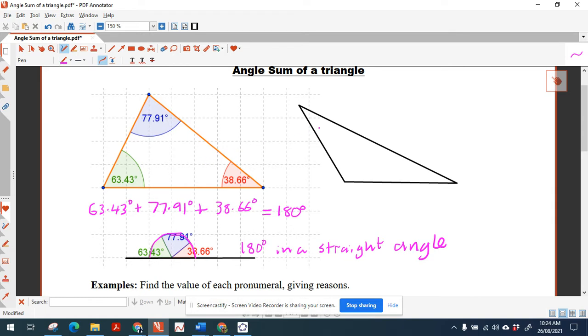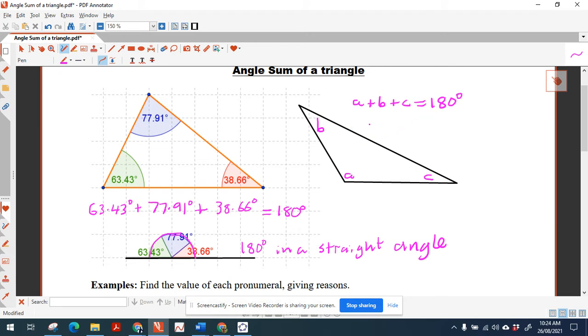So, for example, let's call this angle A, this angle B, and this angle C. So I've got three angles in there. So for any triangle, A plus B plus C is equal to 180 degrees, all right?